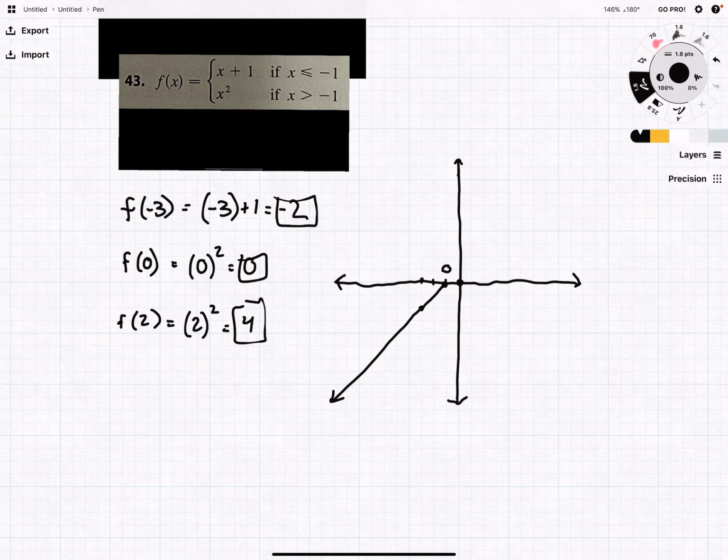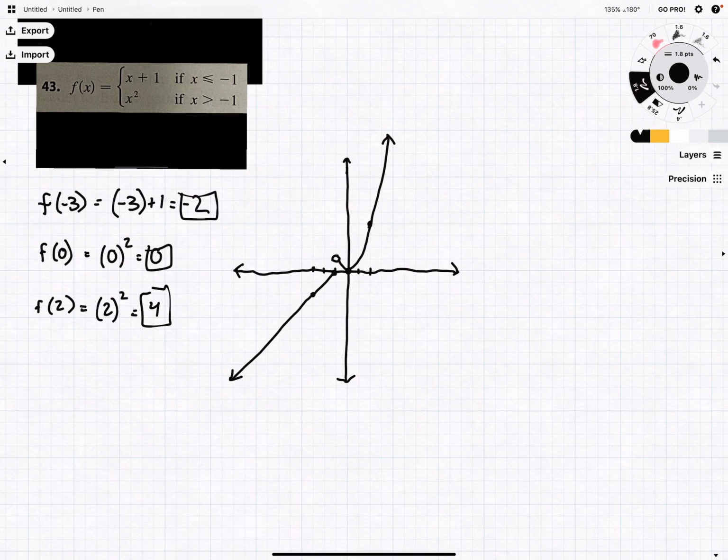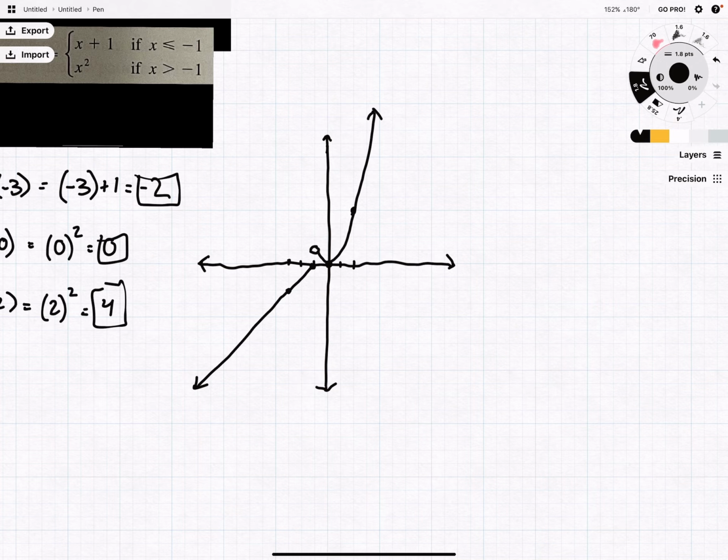And then when we plug in 2 for x, 1, 2, we do get 4. 1, 2, 3, 4. And because this is a quadratic in x squared, our curve is going to look something like this. And that's what our piecewise function will look like.